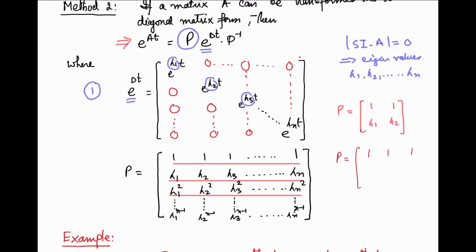The first row will consist of 1s, the second row will be the eigenvalues, and the third row will be the square of these eigenvalues. And similarly, for the order of 4 cross 4, you can add one more column and row. So you are going to obtain this diagonalization matrix with the help of this equation. Let me call it equation 2. So if you have this matrix P and exponential matrix e power Λt, you can find out the state transition matrix, which is the exponential matrix of A.